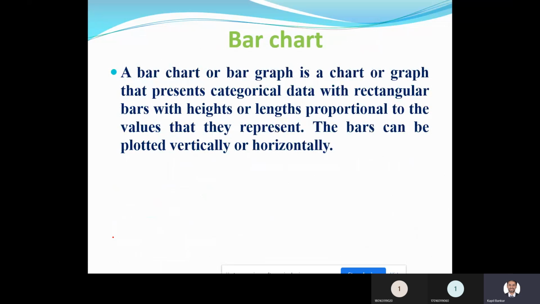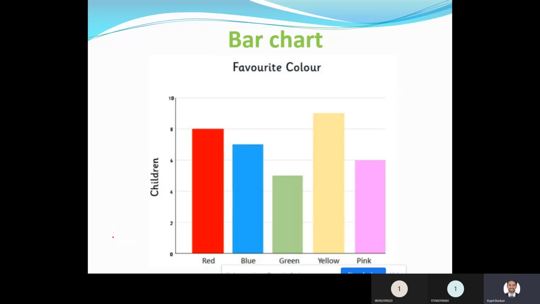Now, what is a bar chart? A bar chart or bar graph is a chart that presents categorical data with rectangular bars with heights or lengths proportional to the values they represent, and the bars can be plotted vertically or horizontally. So this is a bar chart. On the x-axis you can see red, blue, green, yellow, pink colors.